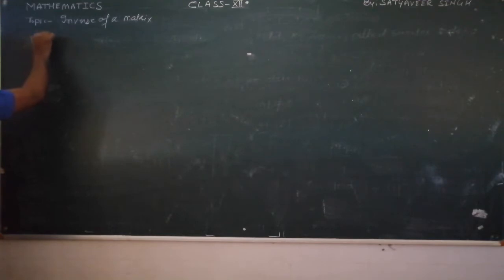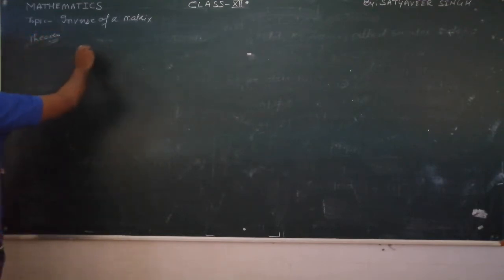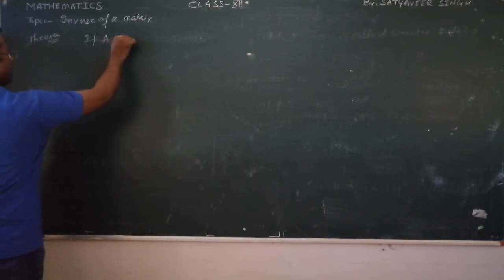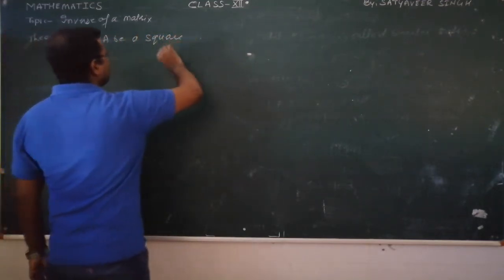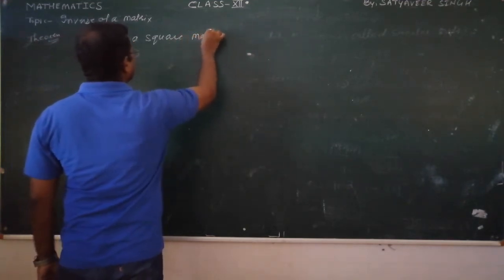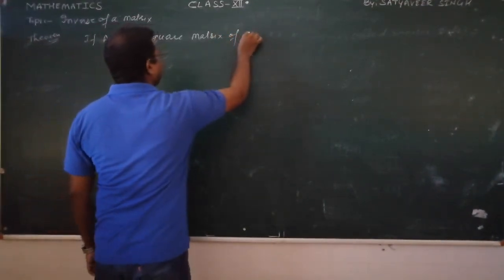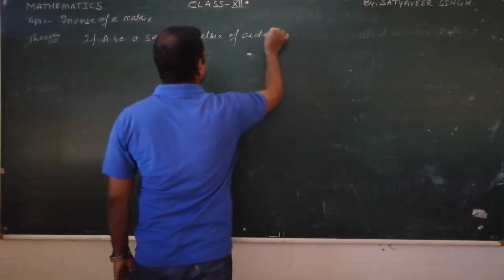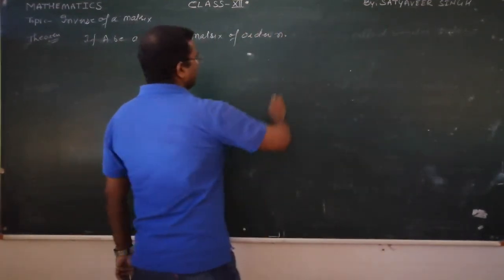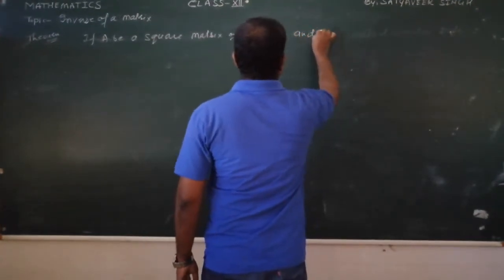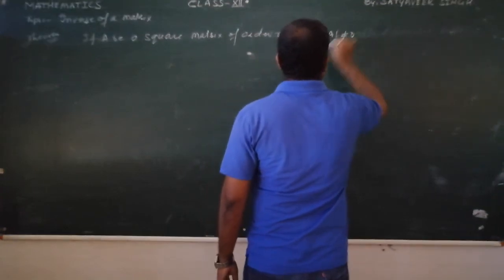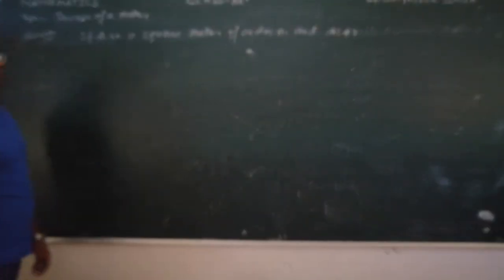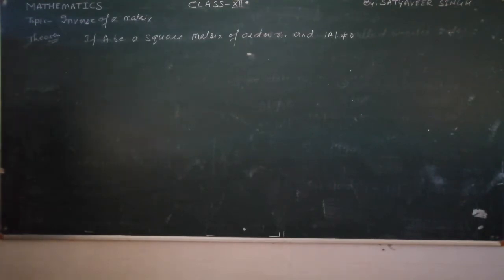If A is a square matrix of order n and determinant of A is not equal to 0, then we can find the inverse of the matrix.